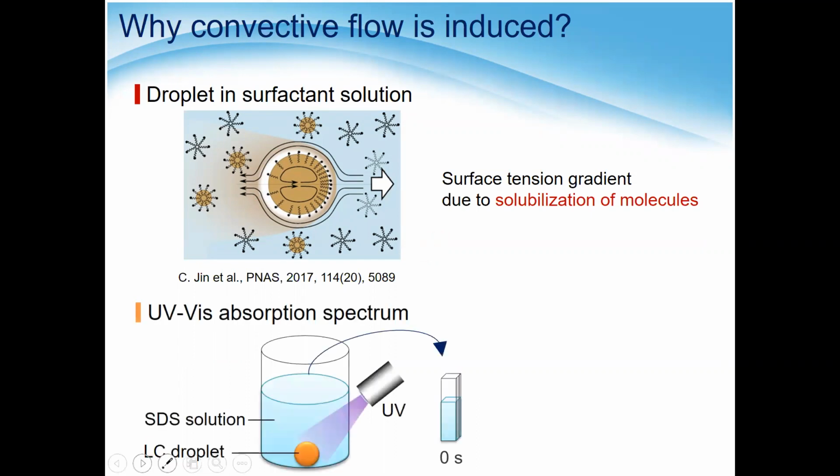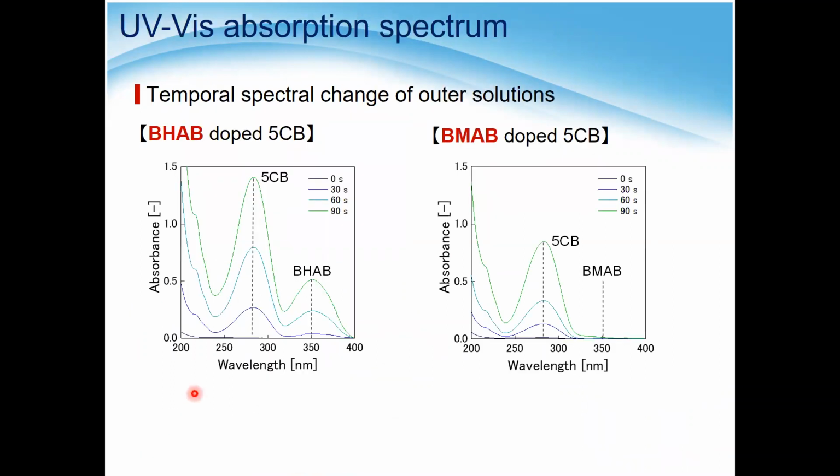What we did is we illuminated the liquid crystal droplet with UV, and then sampled every several tenths of a second to measure the absorption spectrum. What we found is that we can observe the 5CB absorption around 280, and both BHAB and BMAB have absorption around 350.